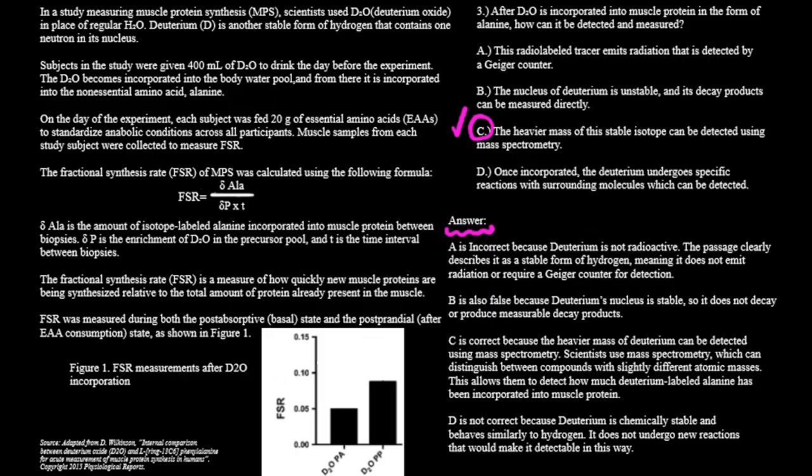Answer choice D states that once incorporated, deuterium undergoes specific reactions with surrounding molecules that can be detected. This is not correct because the passage states that deuterium is stable and does not readily undergo additional chemical reactions. So option C is the correct answer, and the heavier mass of the stable isotope can be detected using mass spectrometry.